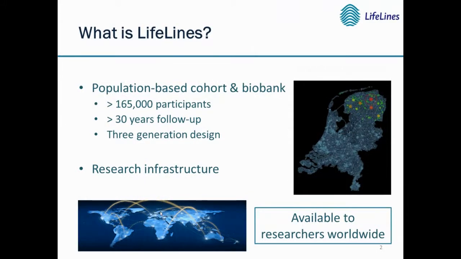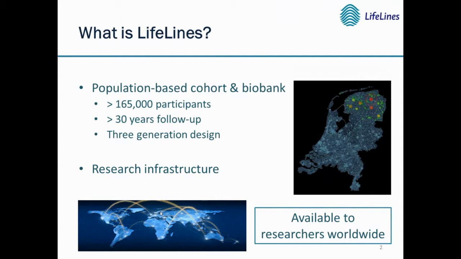What is Lifelines? Well, Lifelines, as most of you probably know, is a population-based cohort and biobank with over 165,000 participants. And we intend to follow these people for at least 30 years. It's a 3-generation design, so family members have been included.